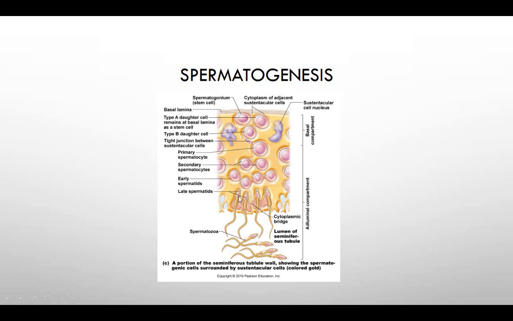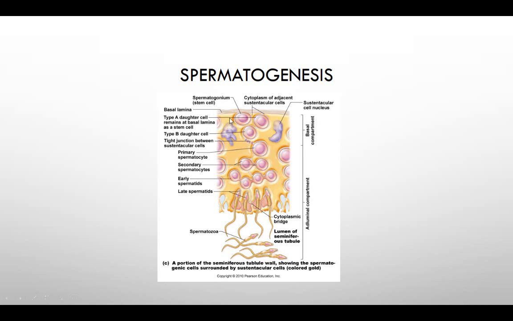And then we get this late spermatid right here, and then eventually we get our more functional, mature spermatozoa, which are known as sperm, and they get released, and they're ready to be ejaculated when the time is right. So you can see this process here a little differently.